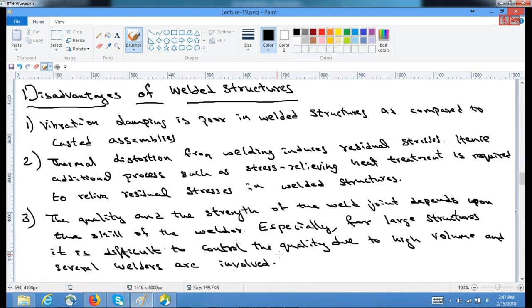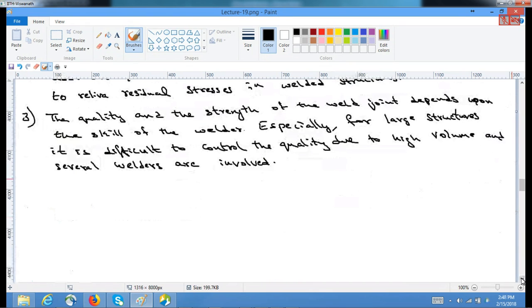When you are really dealing with a huge volume, maintaining overall quality would be a little bit tiresome, because it would depend upon the least skilled person, who does the weld in not a proper manner. So that subjectivity is always there with respect to welded structures.